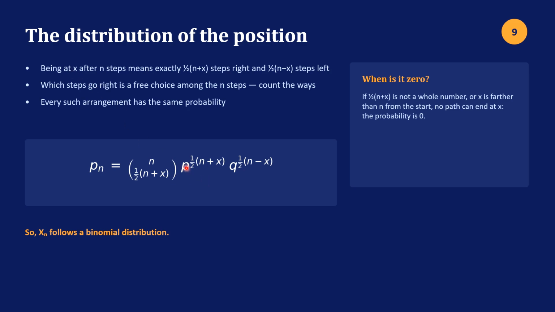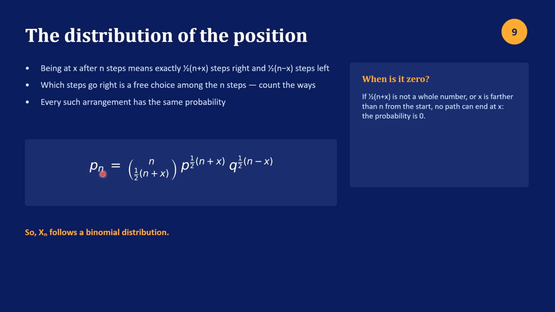And we know the probability of going left or right. It's either p or 1 minus p, which we call q. So we just have p to the 1/2 (n plus x) with the right steps, and q to the 1/2 (n minus x) for the left steps. But then there's the question of which of those steps was right, and that's just the combinatorial calculation here. So out of n steps, how many different ways can you choose to go right 1/2 (n plus x) times.